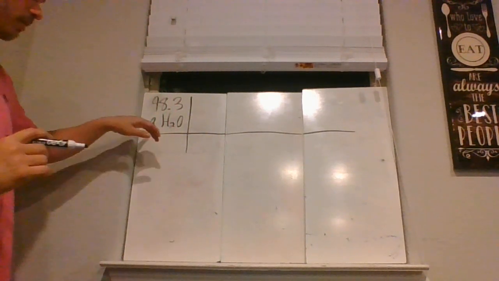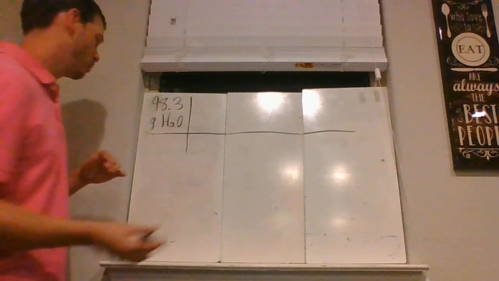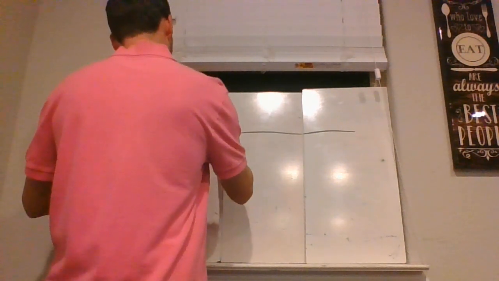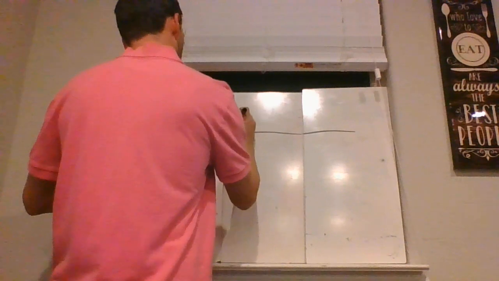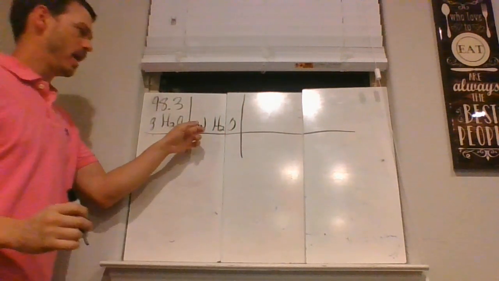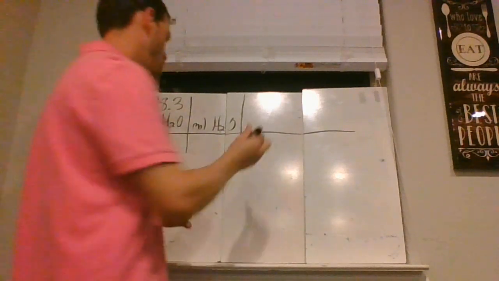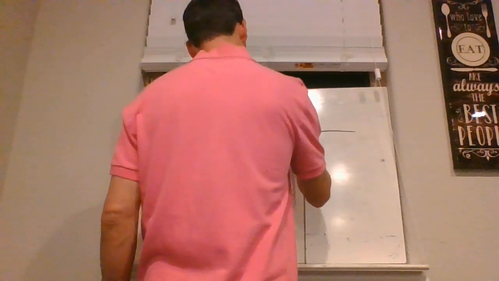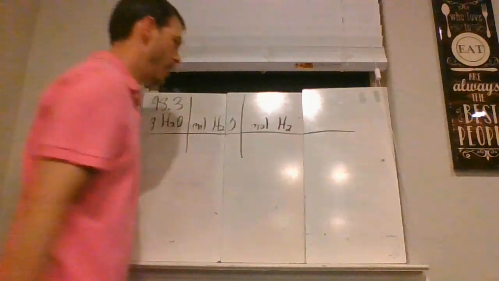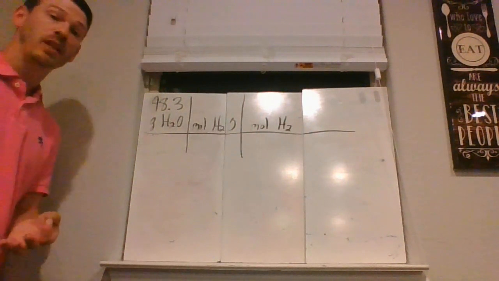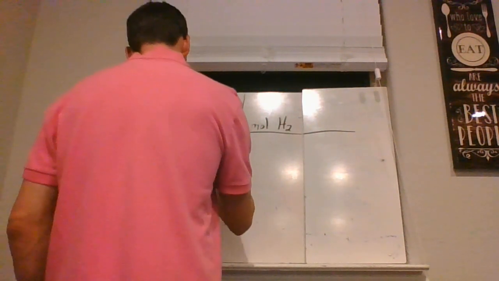So we can't start with grams though. We want to go from grams of water to moles of water. And then once we have moles of water, we can then find moles of our product, which in this case is H2. We know in our dimensional analysis grids, the diagonals are going to match.